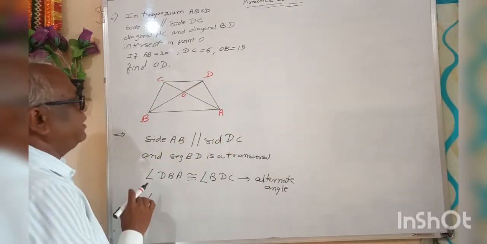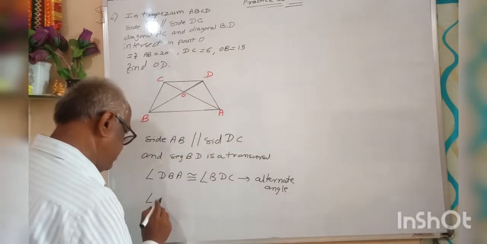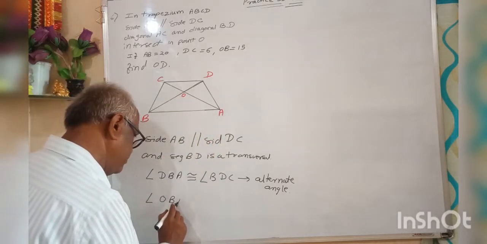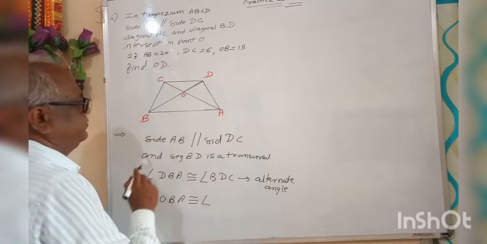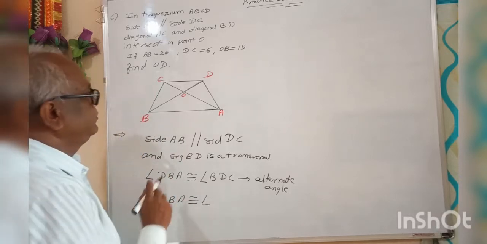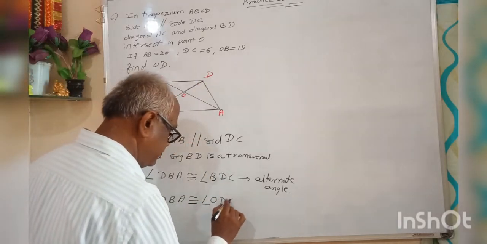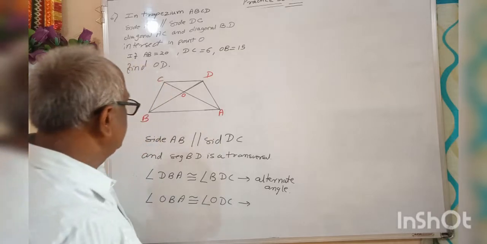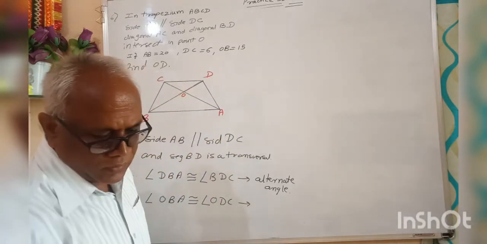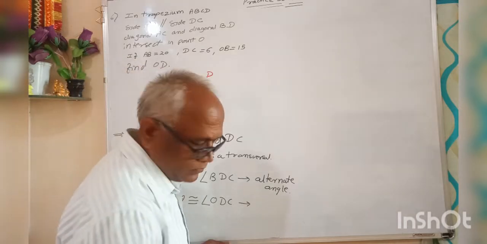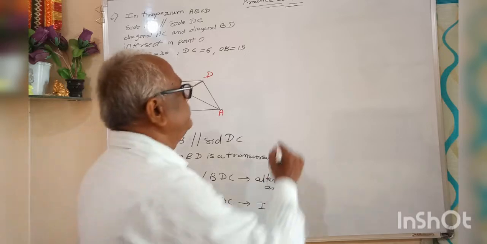Now this same angle we can write it as angle OBA is congruent to angle ODC. This is equation number 1.